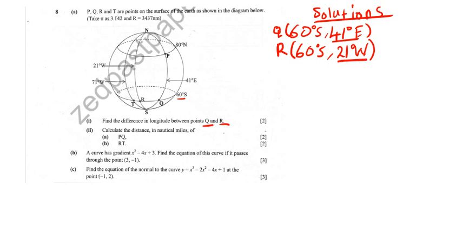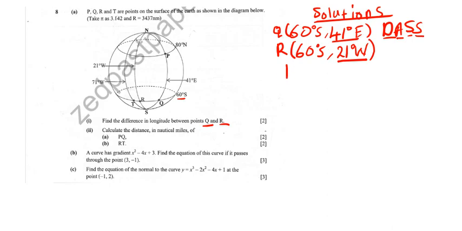So what's the difference? Remember, we use the memory aid which we came up with: if different, which can be east and west, we do what? We add. But same, which can be west west or east east, we do what? You subtract. So in this case, it is east and west.